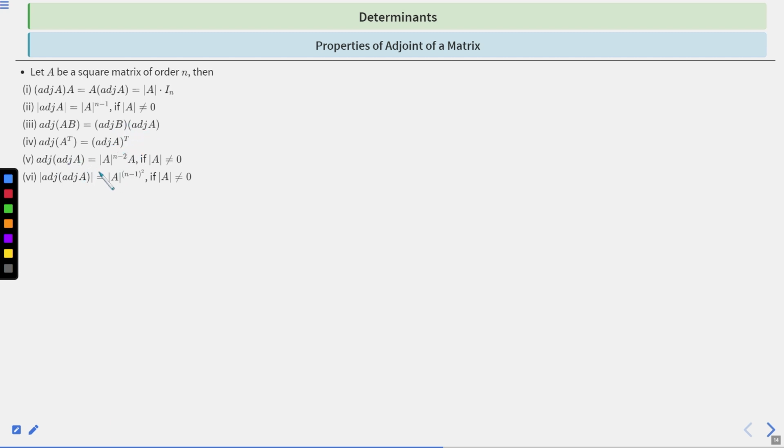Adjoint of adjoint of A can be calculated as determinant of A to the power n minus 2 into A if determinant of A is not equal to 0. And also determinant of adjoint of adjoint of A can be calculated as determinant of A to the power (n minus 1) whole square, where determinant of A is not equal to 0.